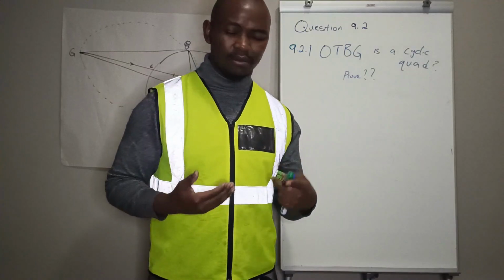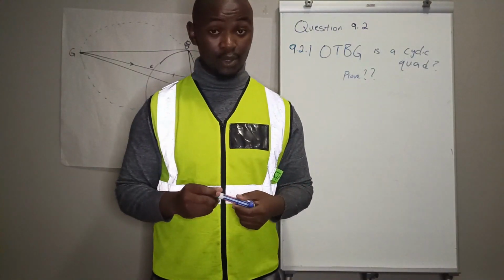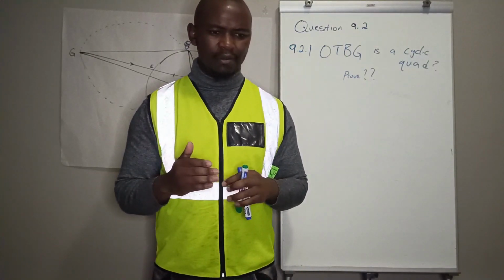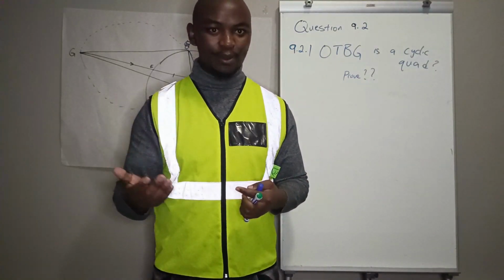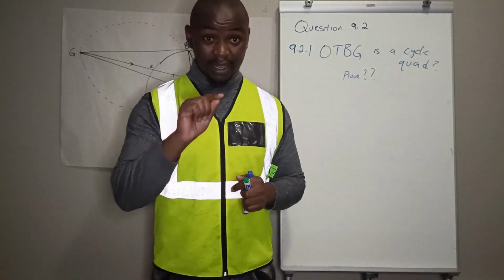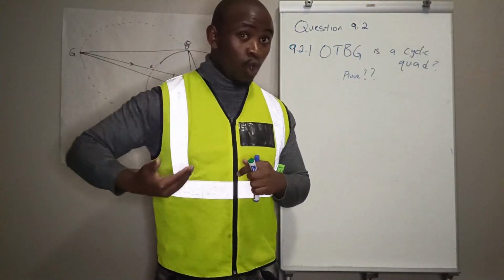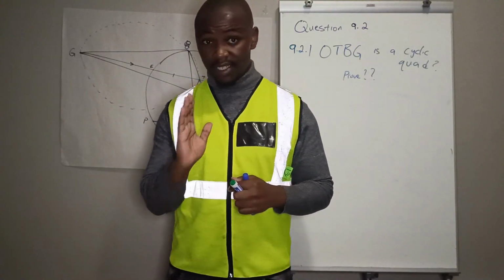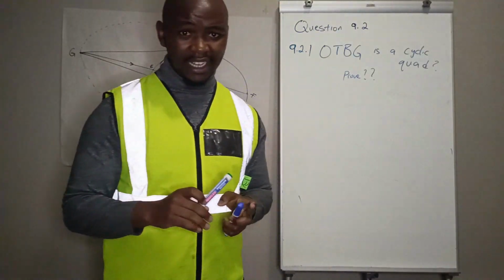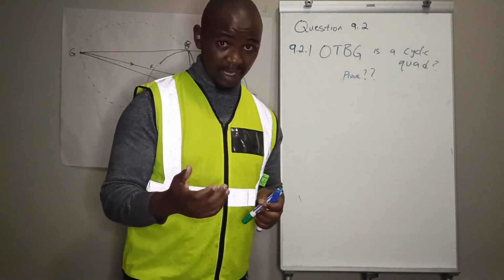You can have many ideas when trying to attack such questions, because trust me, you do forget at times that they say this is a cyclic quad. How does a cyclic quad look? Or how far have I gone with the question? If you try and draw out all your ideas, it will be easy to succeed when it comes to cyclic geometry. Now let's try and draw out a cyclic quad.